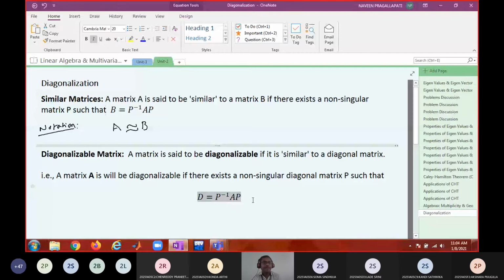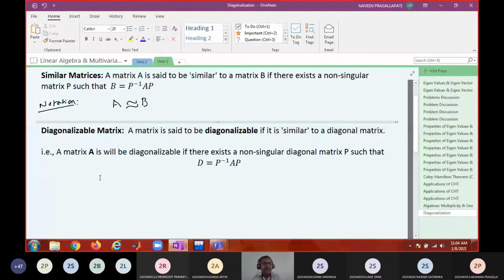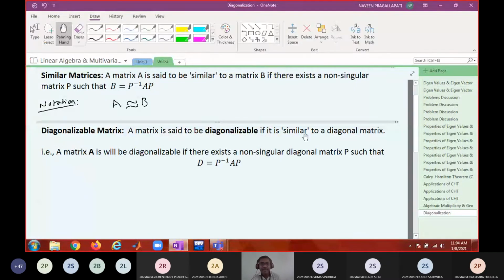Do you agree? What do you mean by diagonalizable matrix? If it is similar to a diagonal matrix. So if A is similar to D, then A is said to be diagonalizable. What do you mean by A similar to D? That means there should exist a non-singular matrix P such that D equal to P inverse AP.